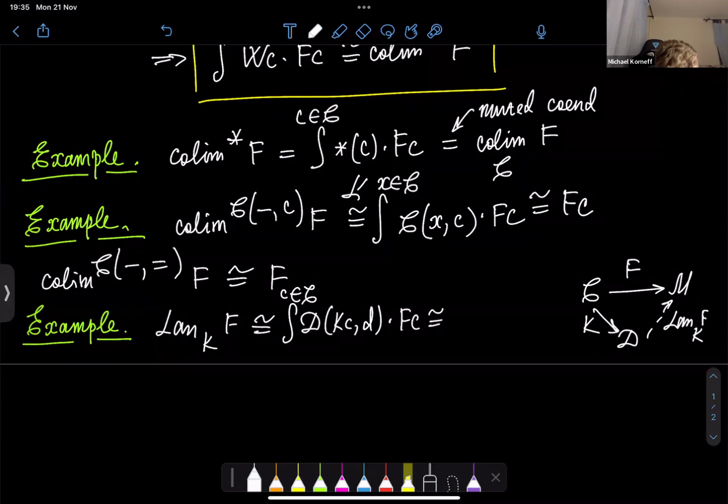And hence it is just a weighted colimit, with the weight that looks like this one. Okay.